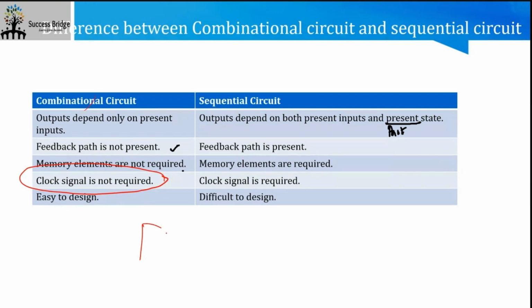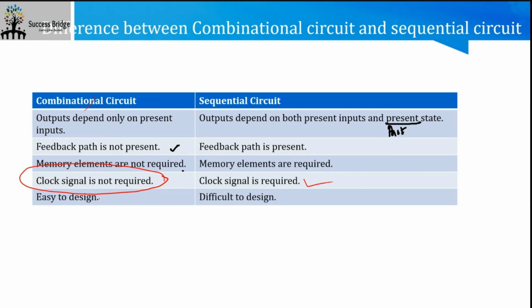There is an AND gate, you just give a value, you get the output. You don't need a clock pulse to drive this value. So this is important.